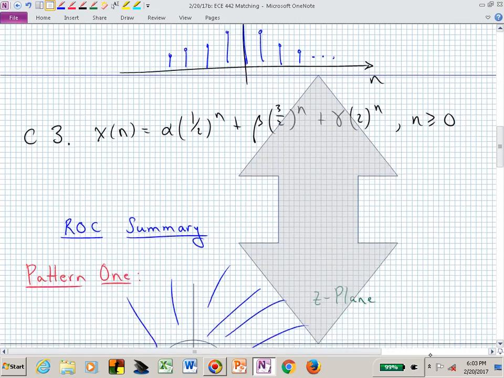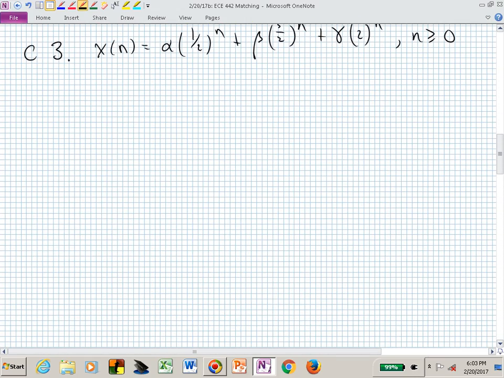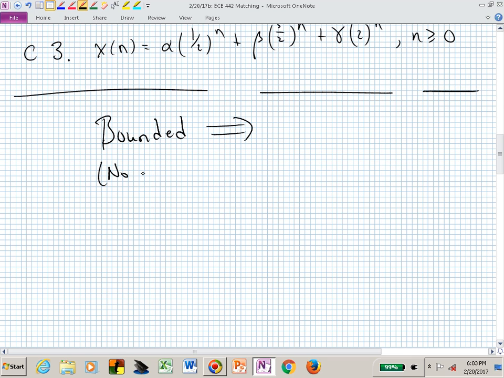But I just said bounded. Let's say no decay corresponded to poles on the unit circle, and those have to be in conjugate pairs, or there's one on the unit circle.